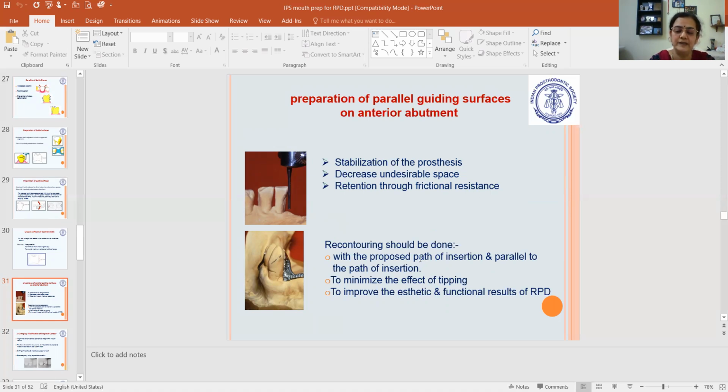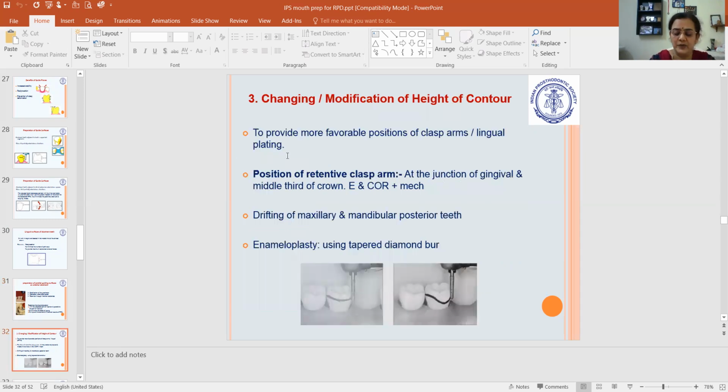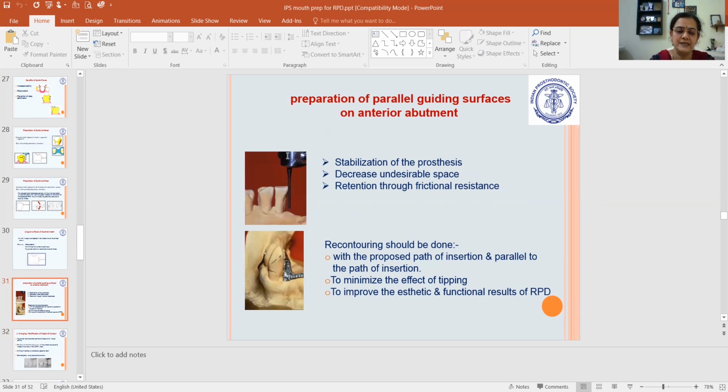So recontouring should be done with the proposed path of insertion, parallel to the path of placement, to minimize the effect of tipping, and to improve the aesthetic and functional results of the removable partial denture. They also help to close the dead spaces, black spaces, adjacent to the denture base and artificial tooth.